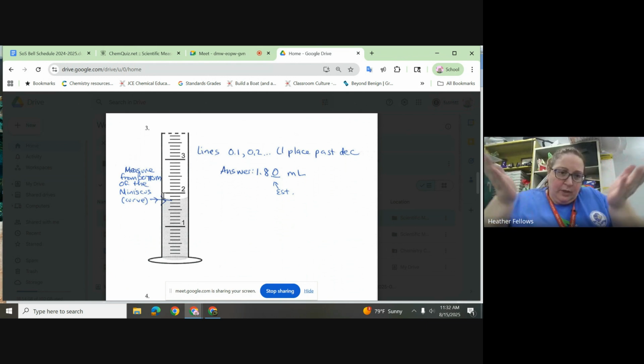So the lowest point is where you measure from. And so we can see 1 and 2. So each of the lines is 1, 1.5, 2. And so that means our measurements can be one place past the decimal. So I take a look here at the bottom there, and I see it's 1.8.